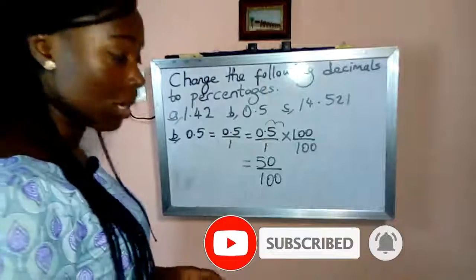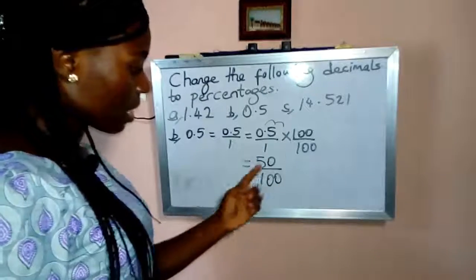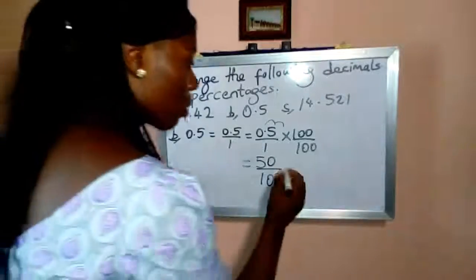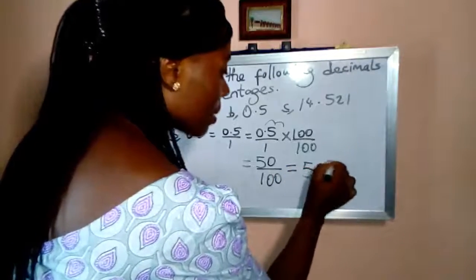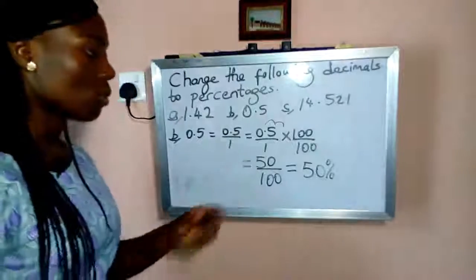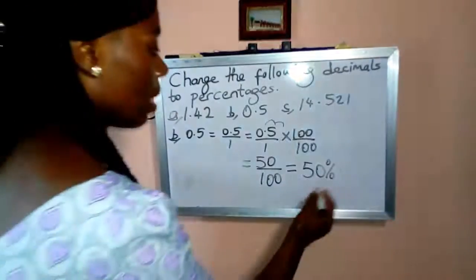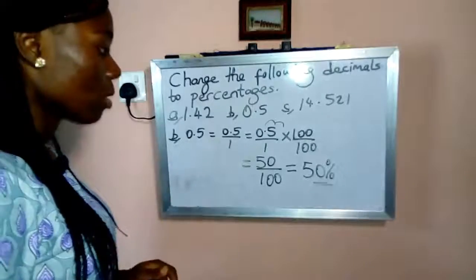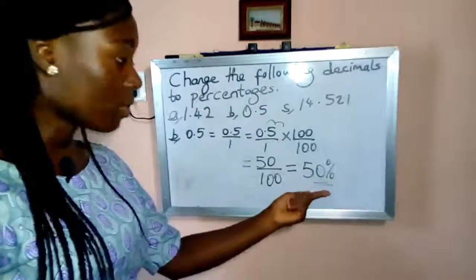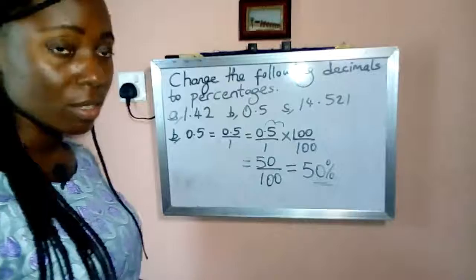Can you see it? I have succeeded in getting 100 as my denominator. So that gives me my answer as what? 50%. That is 50 out of 100. So 0.5 in decimals can be written as 50% in percentages.